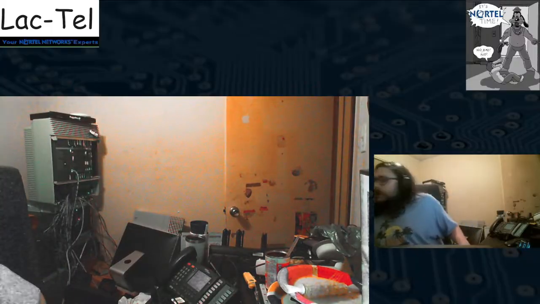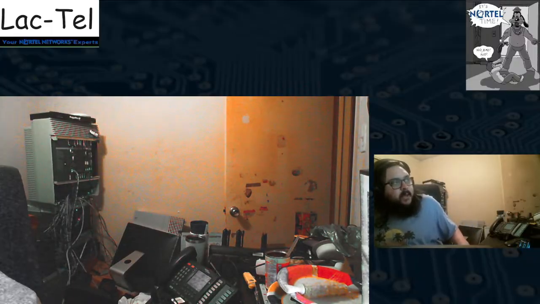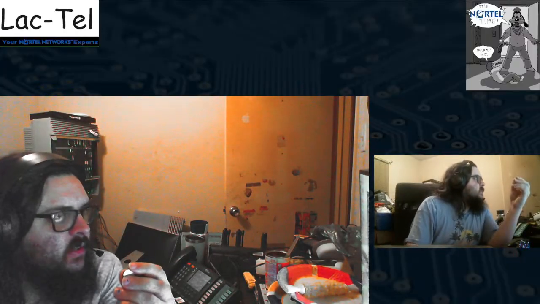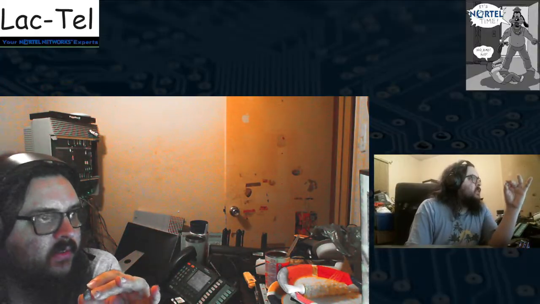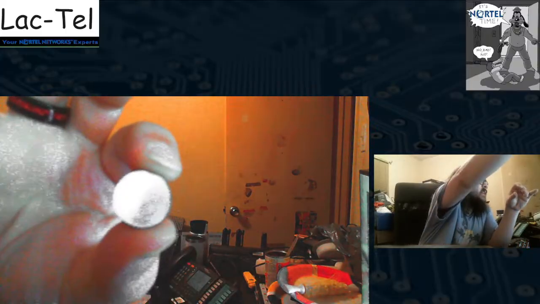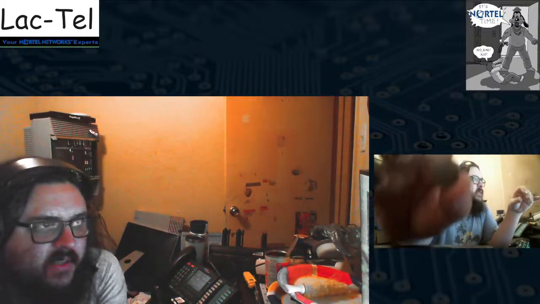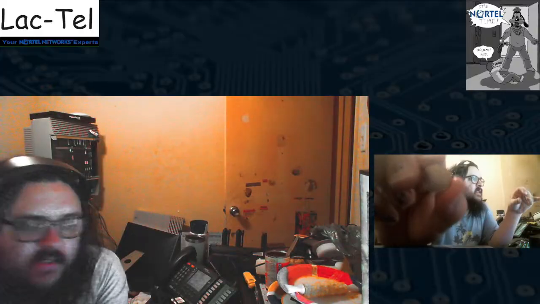Anyway, these little things right here are the bane of most Nortel PBX operators. If you want to see there, this is an I button.